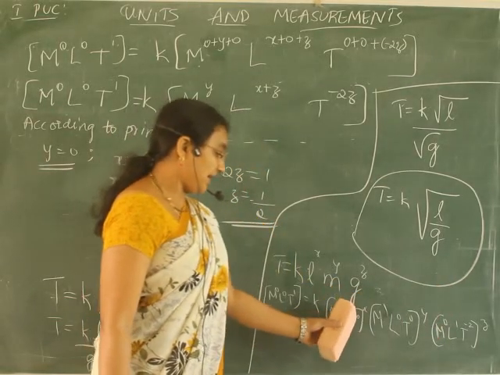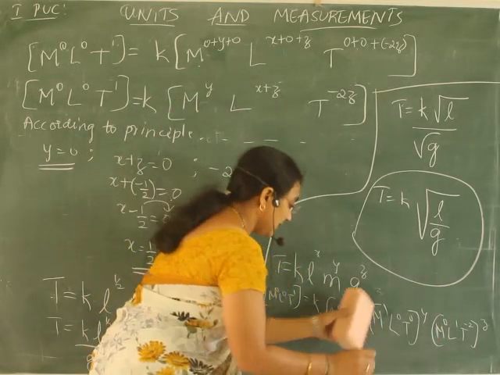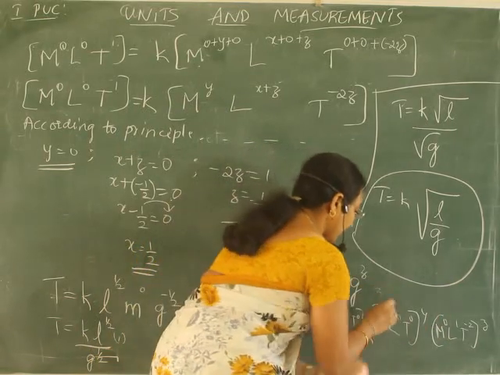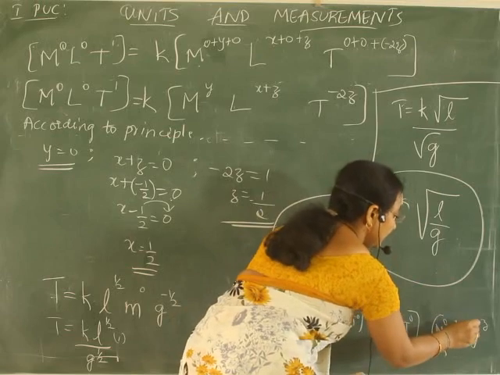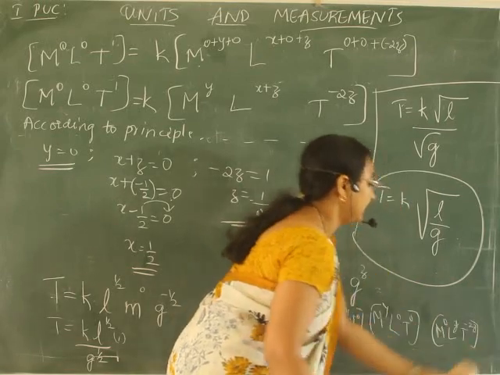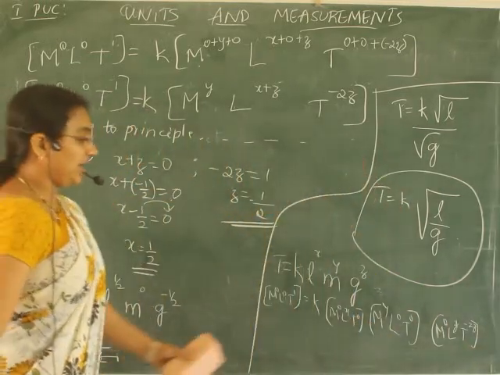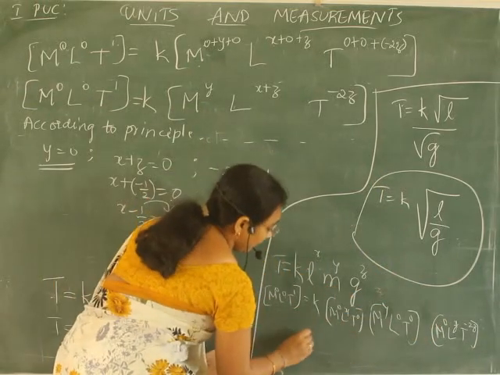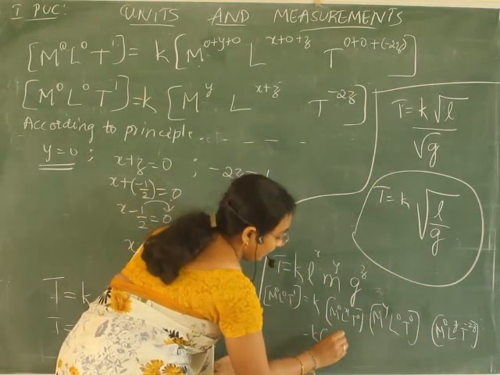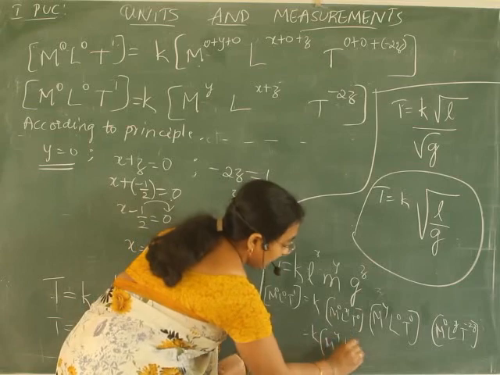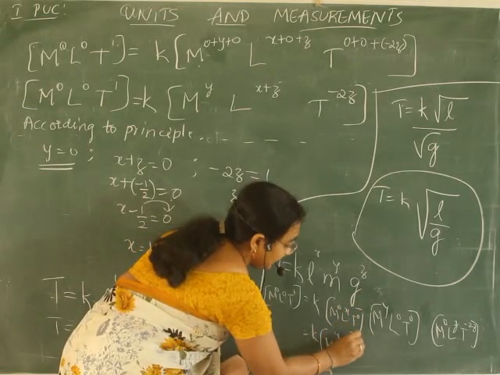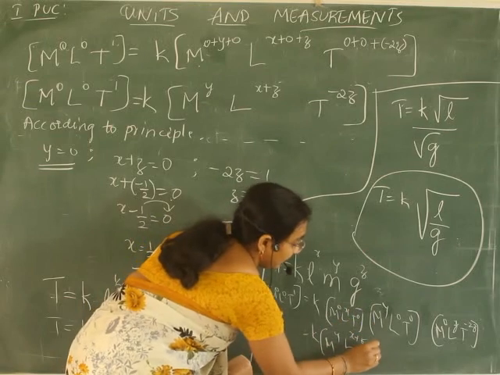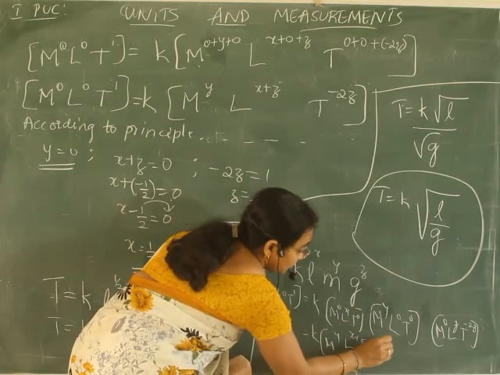So it became L to the power x, M to the power y, and this one becomes T to the power z; this becomes 2z. Correct? Then what have we done? We have added them. It becomes k, M to the power y, L to the power x plus z, and T to the power minus 2z.